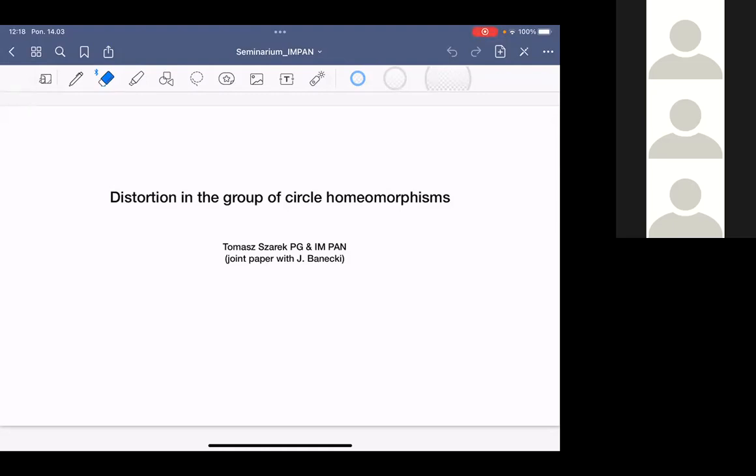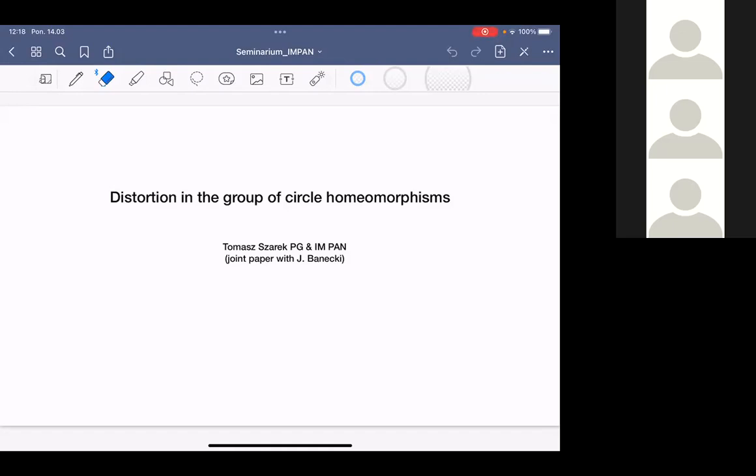This is my joint work with Juliusz Banecki. Juliusz Banecki was a high school student when we started working on this problem. He was a smart guy, a very brilliant student.